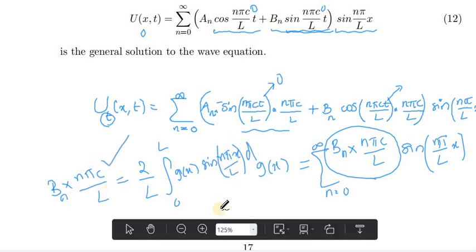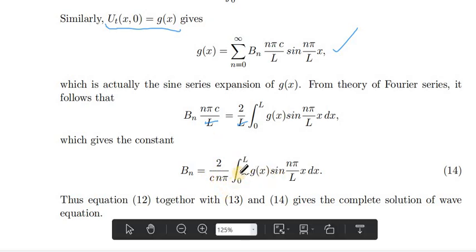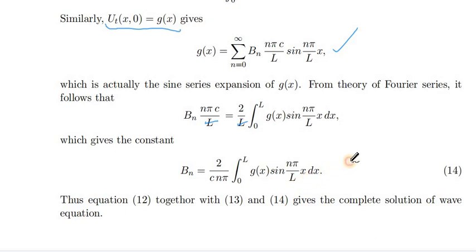So that's how you can find b_n. Thus b_n into nπc/L is equal to 2/L integral 0 to L g(x) sin(nπx/L) dx. So this L and this L can be cancelled, and therefore b_n is equal to 2/(cnπ) integral 0 to L g(x) sin(nπx/L) dx.